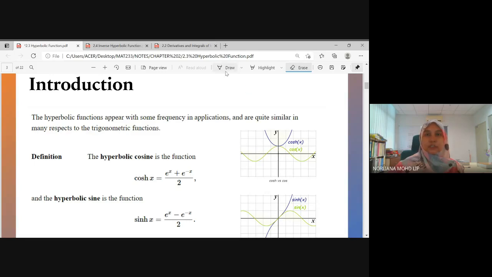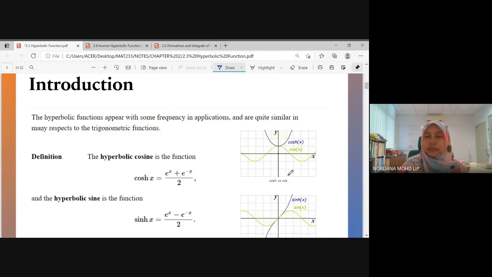The definition of hyperbolic cos equals exponential x plus exponential negative x over 2. So it consists of exponential function for hyperbolic cos.